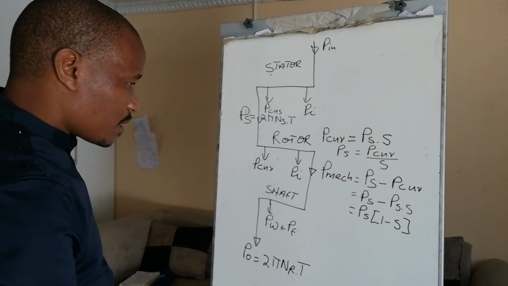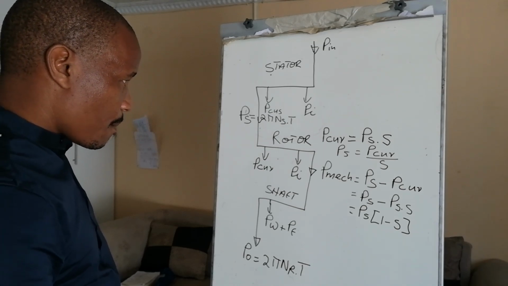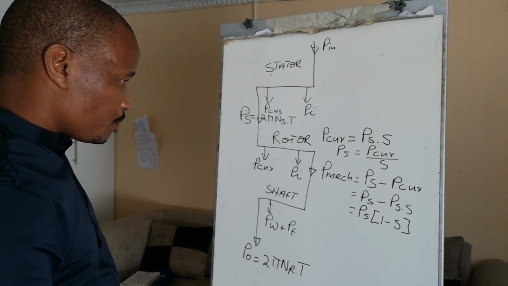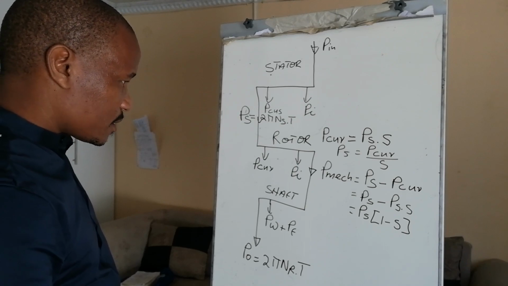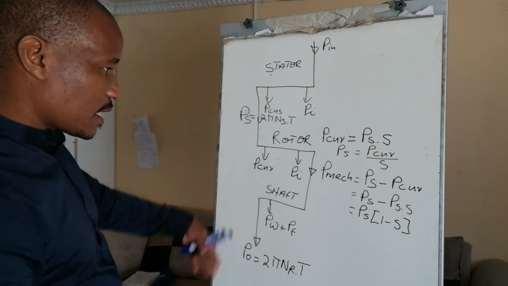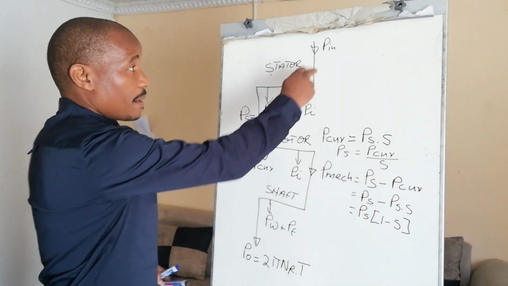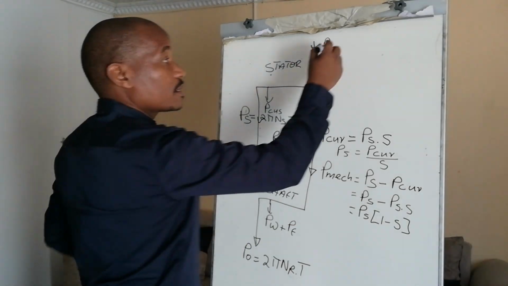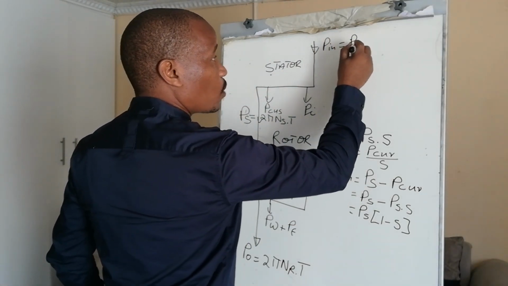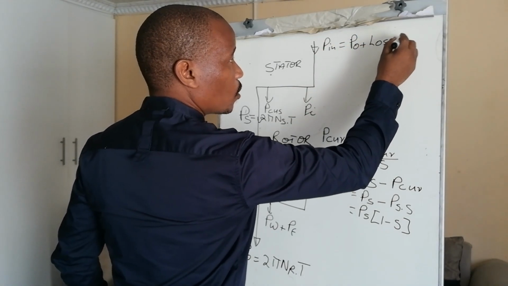And then what else do you think we can do here? Basically these are the formulas you have to use to calculate. Remember the input is equal to the output plus losses.